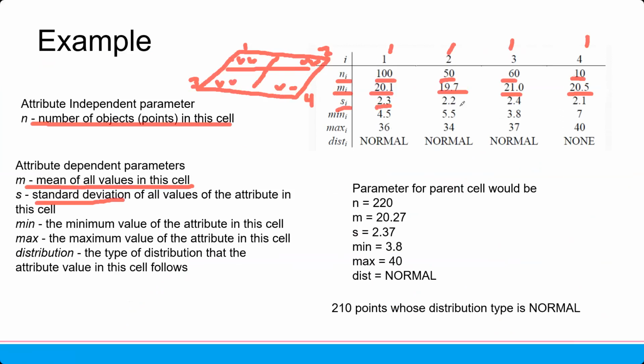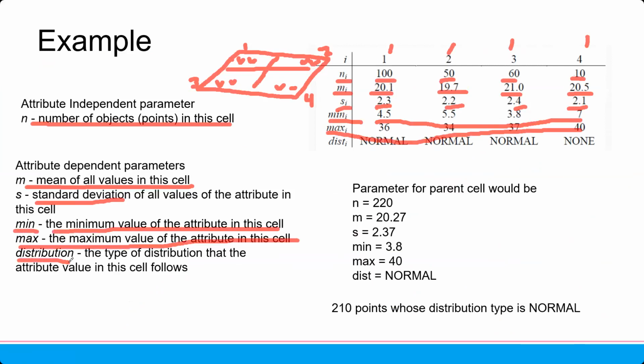So this is the standard deviation for every cell. And then min is the minimum value of the attribute in the cell. So this is the minimum value for every cell. Max is the maximum value of the attribute in the cell. Okay, so this is the maximum value in the cell.